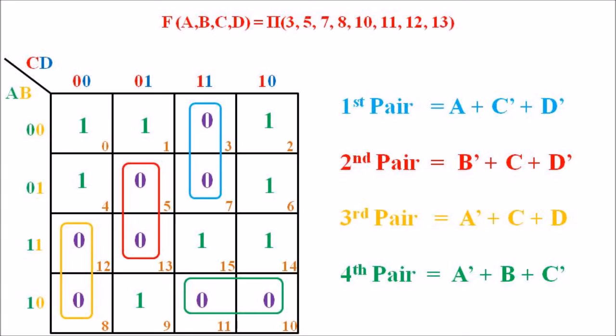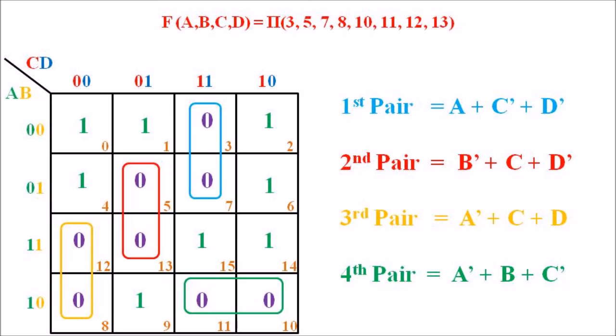Finally, the fourth pair lies in the fourth row and in the third and fourth columns. The values of a and b remain constant, and among the column values, c remains constant and d is changing from 1 to 0. Thus, the reduction for the fourth pair is a complement plus b plus c complement.